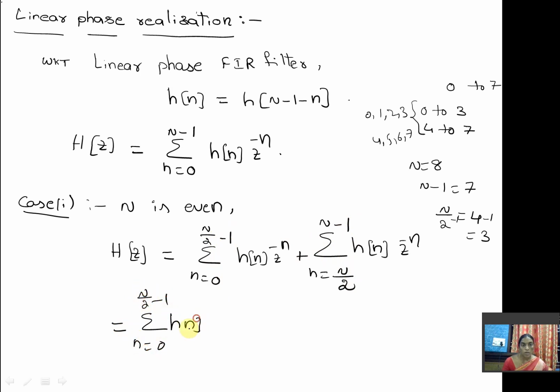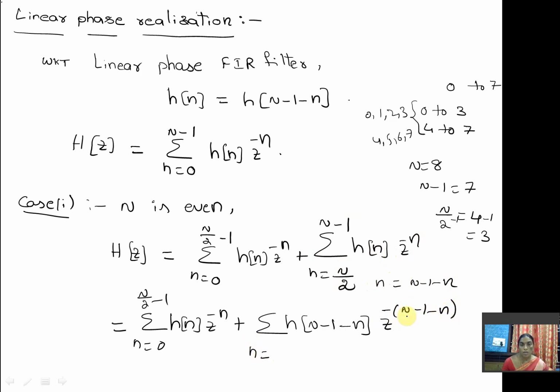Concentrate on the second summation. Here the property or condition is h of n equals h of N minus 1 minus n. So in the second summation, place n equals N minus 1 minus n, therefore z power minus of N minus 1 minus n.